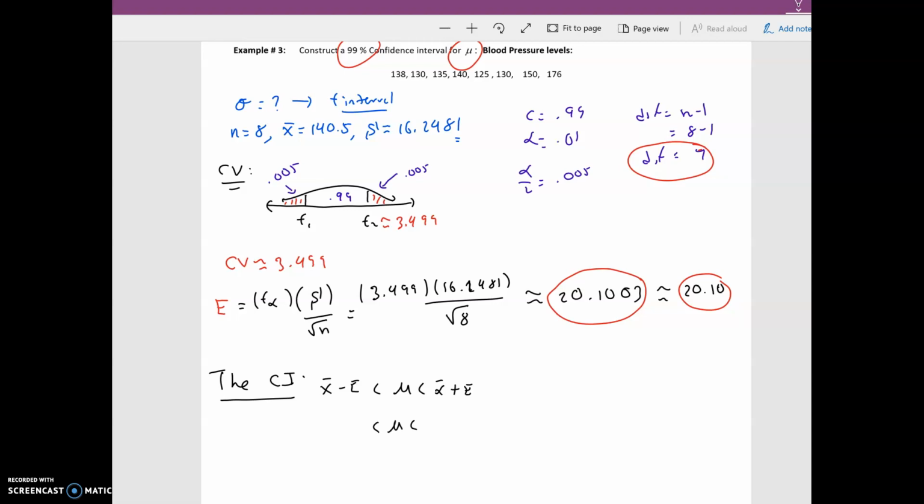So we're looking at x bar plus or minus the E, and our x bar was 140.5 plus or minus 20.10.